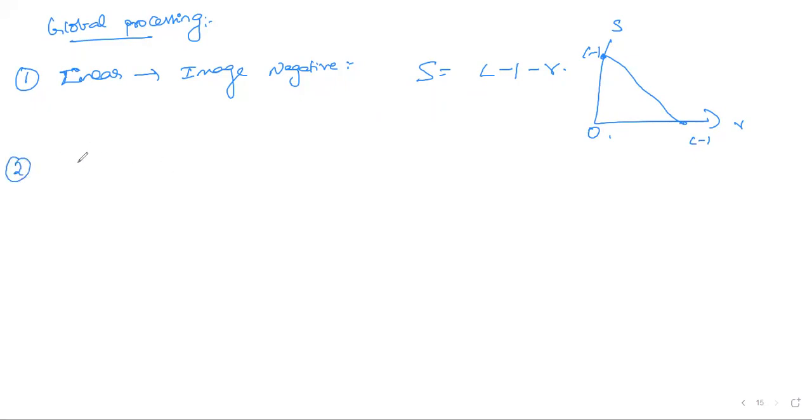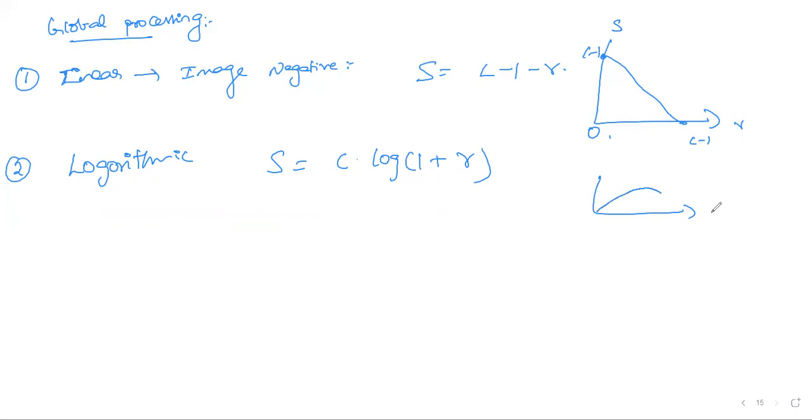Second one is logarithmic. Logarithmic is given as s is equal to some constant times log of 1 plus r. This is the graph, with L minus 1, L minus 1, 0.